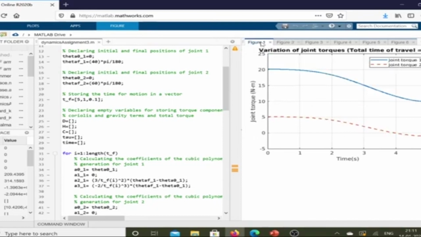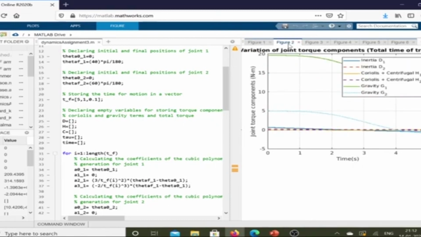So adding that gives you the total torque, which is 20, and for joint number 2 it is 5. Now this is one end of the spectrum where we have seen that the Coriolis, centripetal and inertia terms are as good as 0, and only the gravity term is there. This is for motion of 5 seconds. Okay, and note the values again.